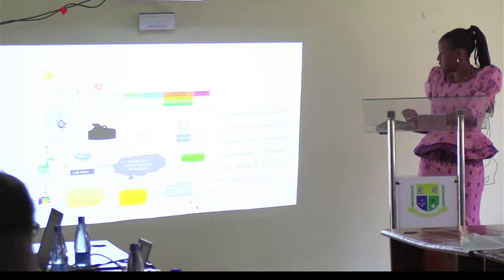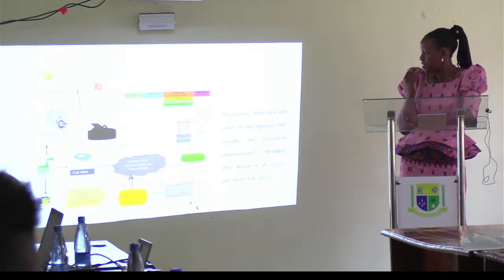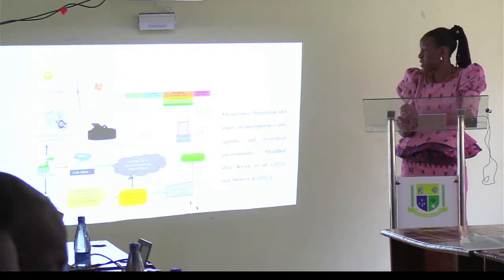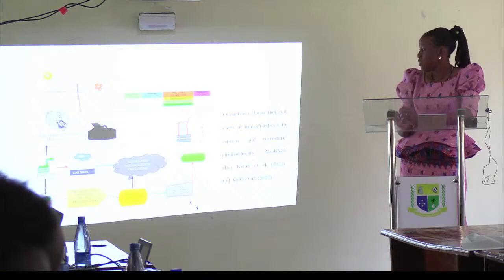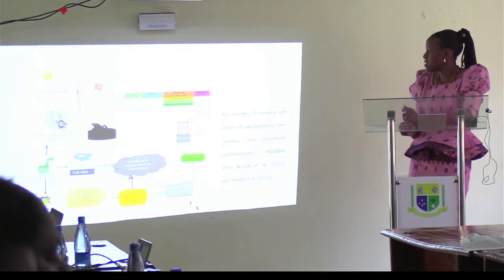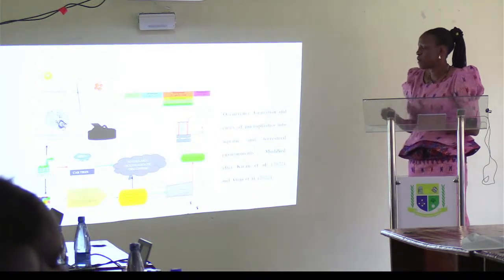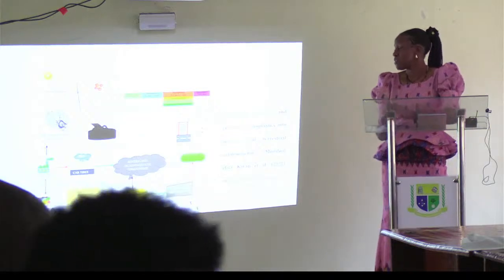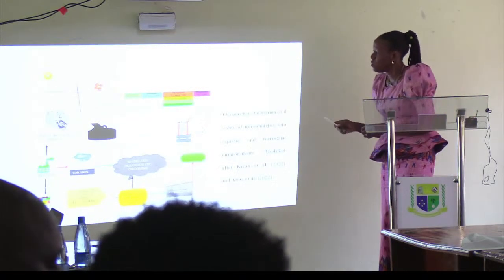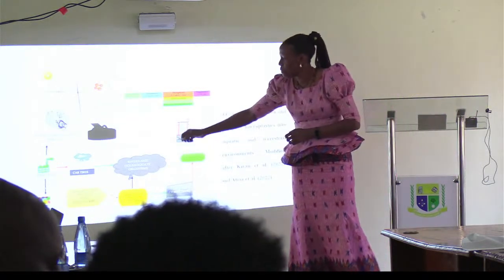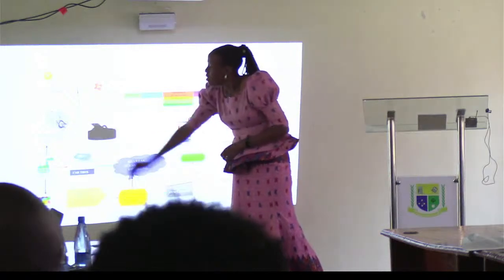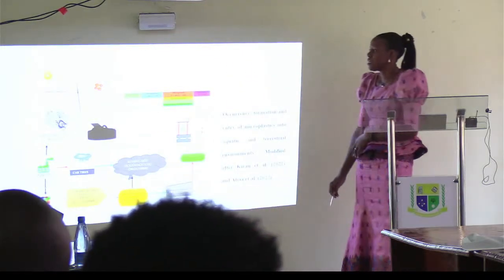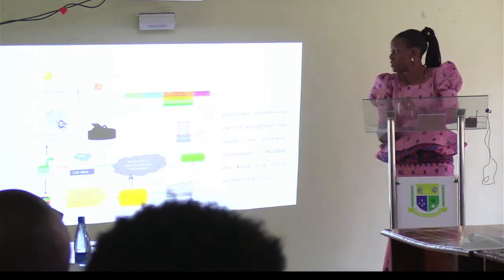So this is a figure which was adapted from Kiran et al., showing the different areas where plastic has effects. When we produce our plastics, as you can see here, we have our plastic bottles.